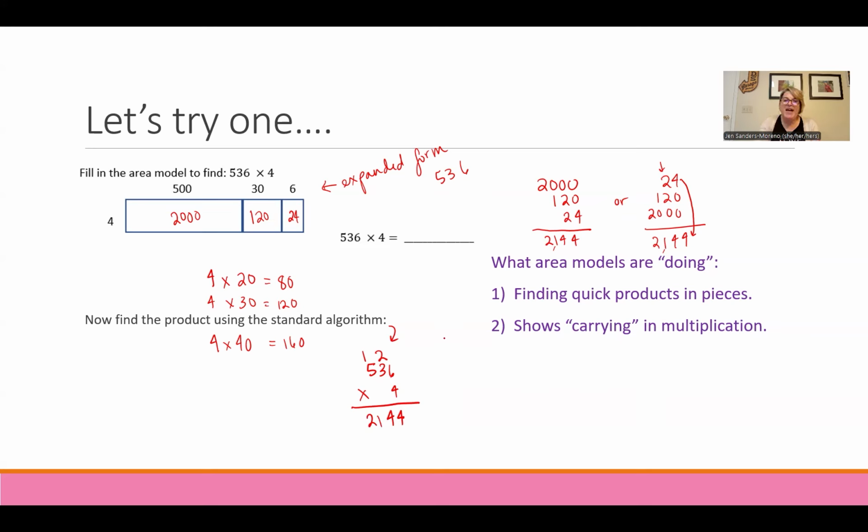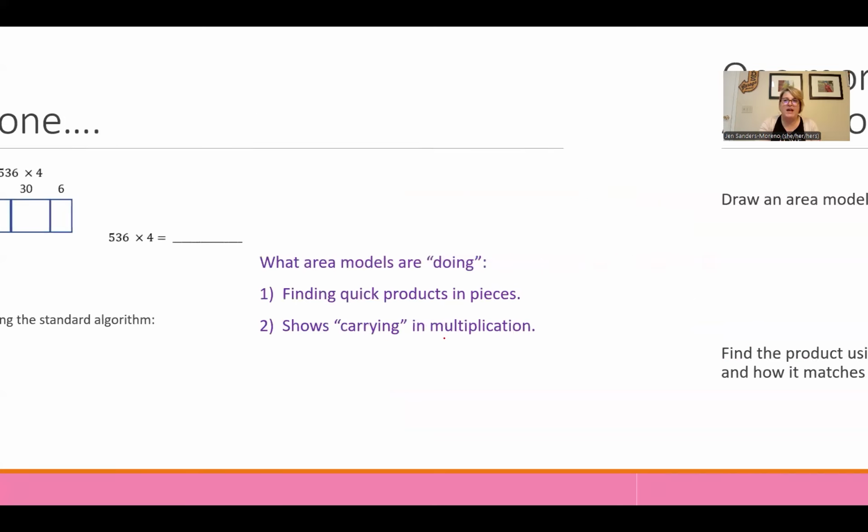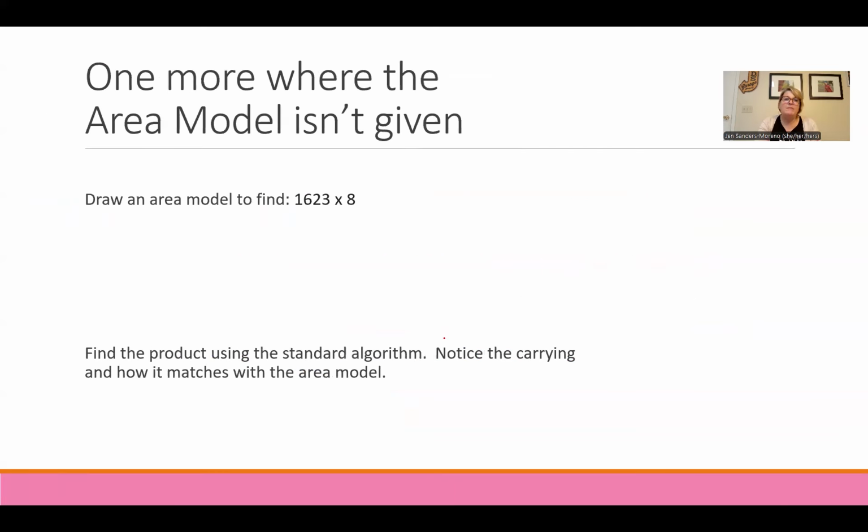So we're going to go ahead and look at the next slide here. So I want to go ahead and do one more of these. What happens if an area model is not given? So we want to make sure that we draw a skinny rectangle. We're going to have our biggest, that's going to be our 1,000, next to 600, 20, and 30.